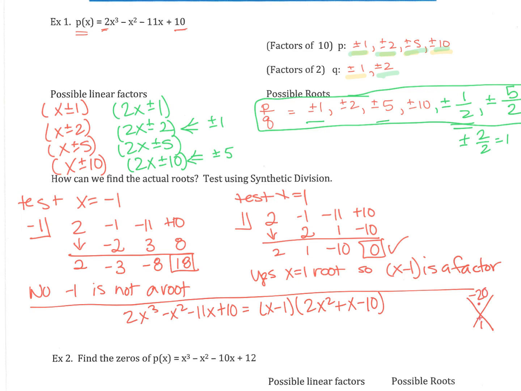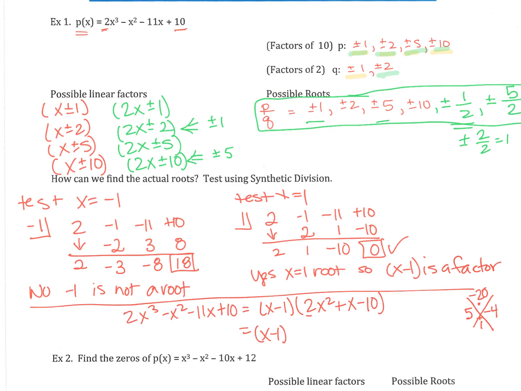And I'm trying to think of two numbers that multiply to negative 20 while adding to positive 1. And I think of positive 5 and negative 4. So now I don't want to put those numbers into my parentheses because my a is 2.